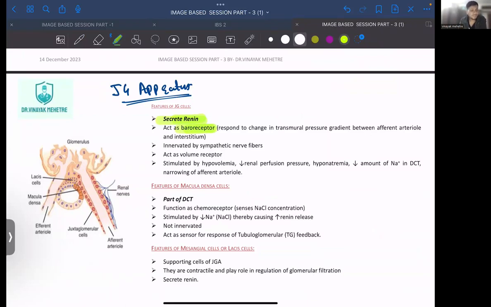The question was very famous: macula densa is a part of the DCT, and it has chemoreceptors. Mesangial cells or Lacis cells are only supporting cells. Remember four points. Renin is secreted by the JG cell. Macula densa is a part of the DCT and is a chemoreceptor.